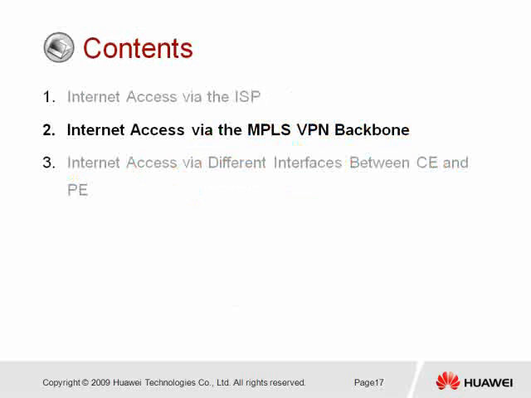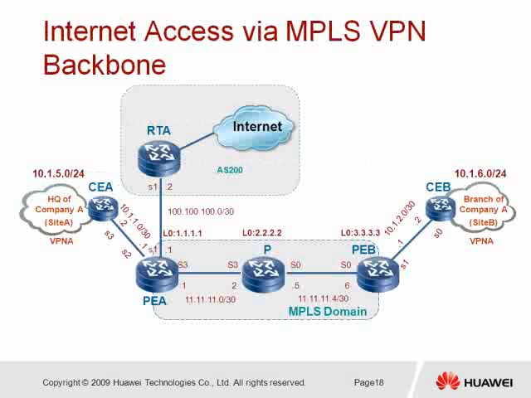Okay, we have learned the first solution for MPLS VPN users to access the Internet. Now, let's learn the second part, Internet access via the MPLS VPN backbone. Look at this topology. This topology is similar to the topology of Internet access via the ISP.